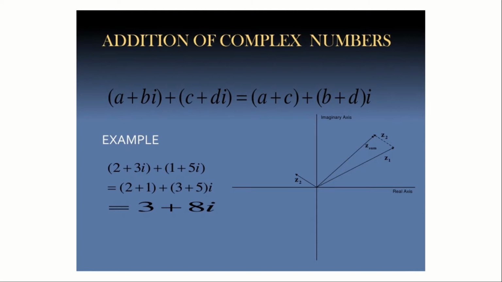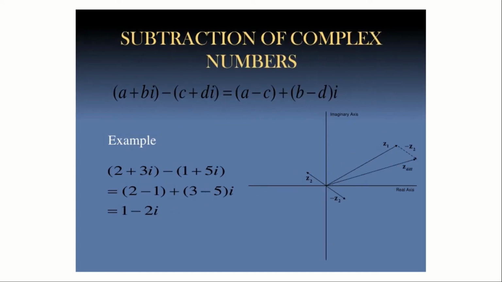For example, if 2 plus 3i and 1 plus 5i are two complex numbers, the sum of these two will be (2 plus 1) plus (3 plus 5)i. So 2 plus 1 is 3 and 3 plus 5 is 8i. Here the real part is 3 and the imaginary part is 8i.